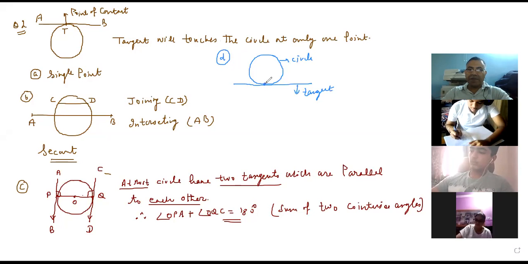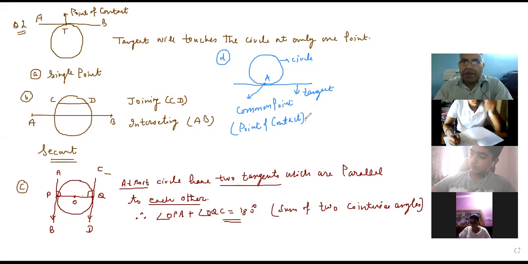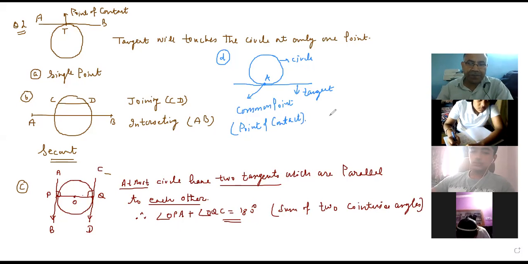Let the point be A. This is a common point, which is called the point of contact. So the common point between the circle and the tangent is called the point of contact. Note this down. If you have confusion, you can discuss.